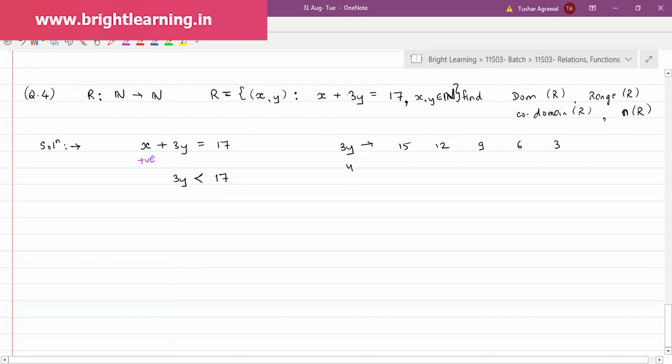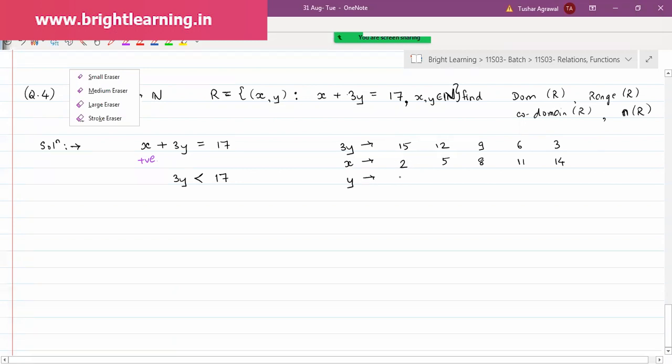So if 3y equals these values, what will be the value of x? 17 minus the corresponding value. So it will be 2, 5, 8, 11, and 14. So actually x will not get paired up with 3y. X will get paired up with y. What is the corresponding value of y? The corresponding value of y is 5, 4, 3, 2, 1.